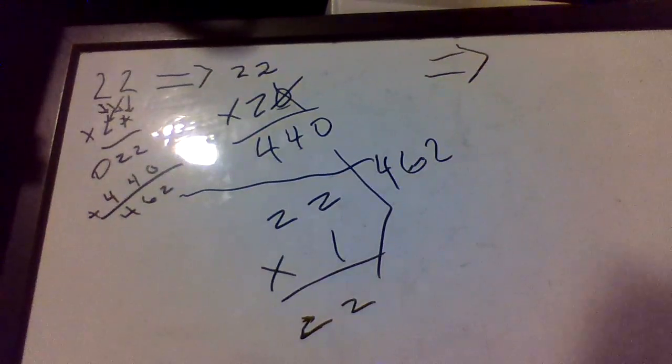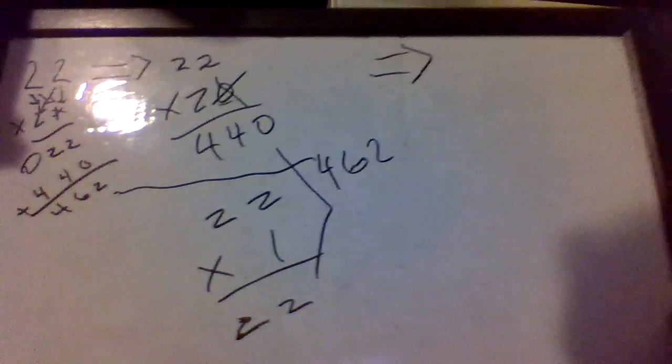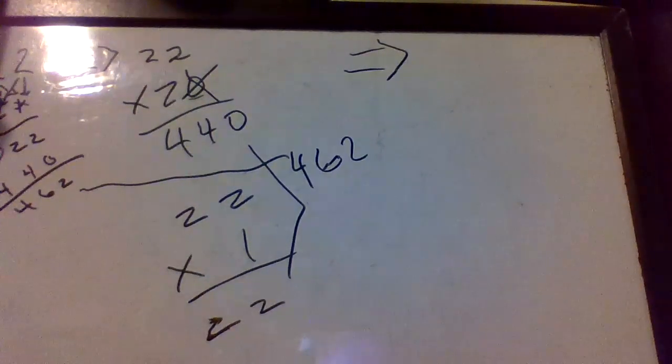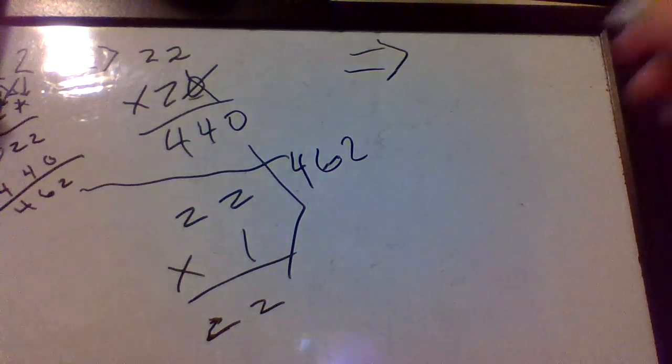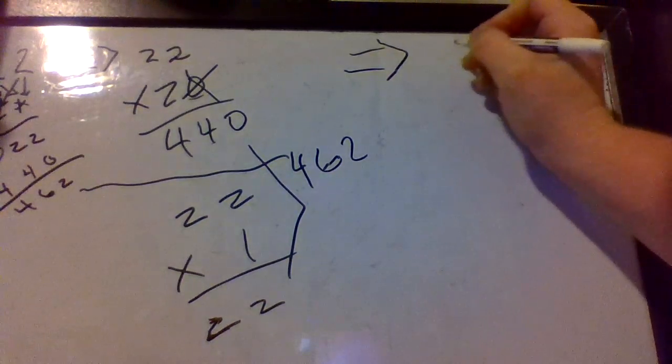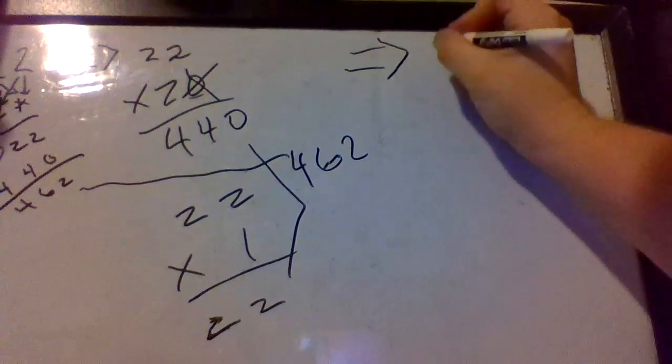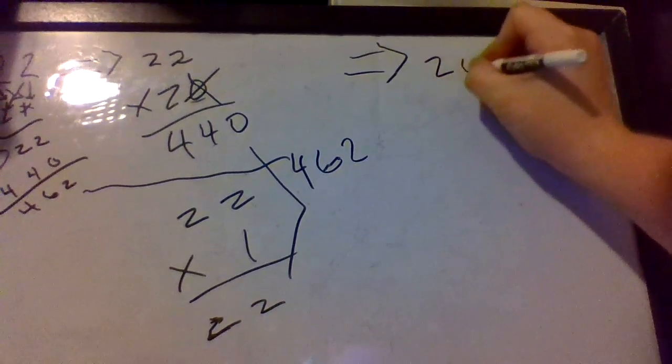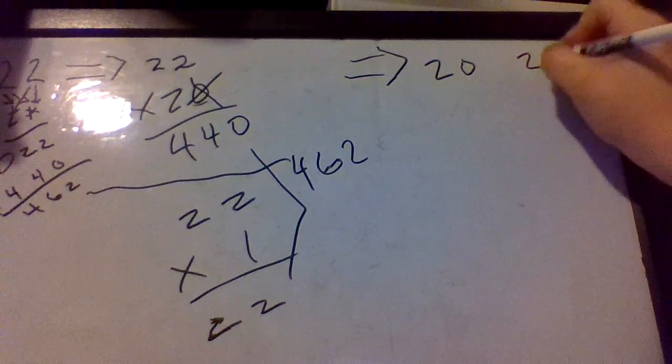This way is kind of new to me, but a lot of kids seem to like it. So I say if you like it and it gives you the correct answer, go for it. So 22 can be broken into 20 and 2.